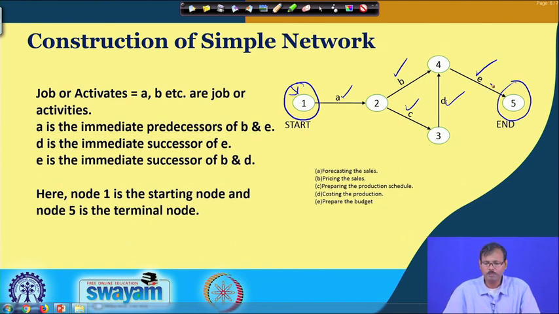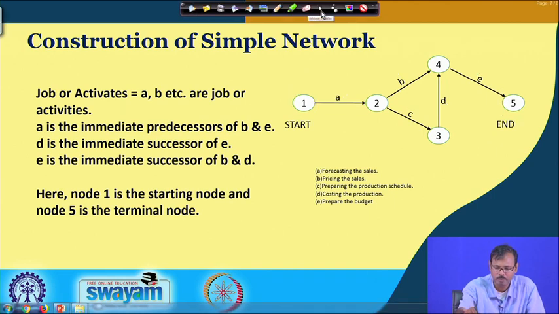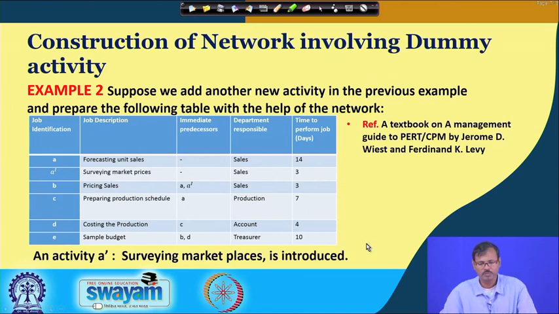This type of network formation is called a project graph, and by the way we are presenting it, where the jobs are given on the arrow, that is why it is called an arrow diagram, and using this arrow diagram we are preparing the network. But there are some drawbacks to this.